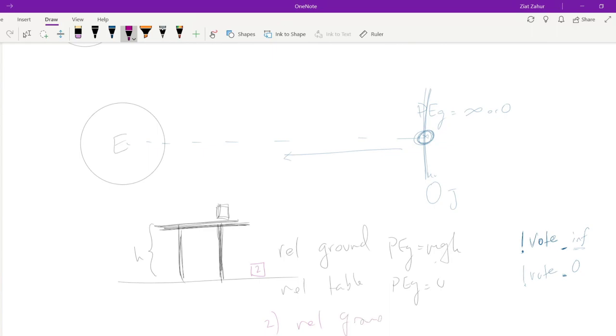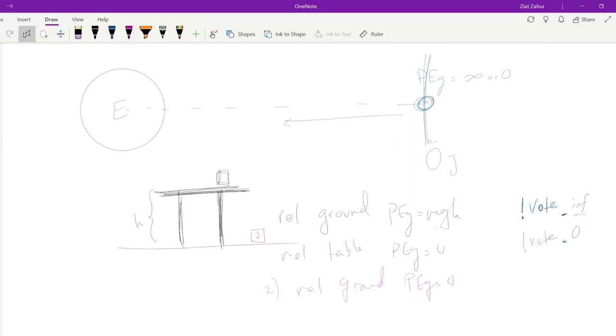And if I had object B here, or object 2, relative to the ground, the gravitational potential energy is 0, but relative to the table now, object 2 has negative energy. Well, it's not that it has negative energy, there's no such thing as negative energy, but it is relative, meaning relative to the table you have less energy. That's why it's negative.